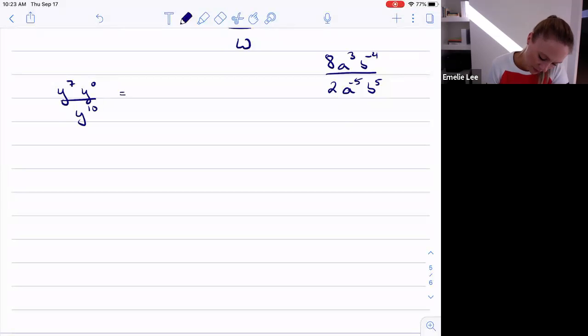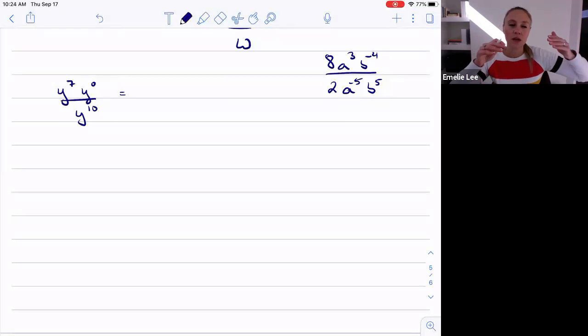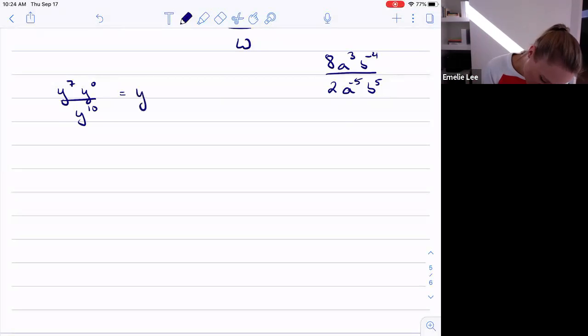So for this one, they're all the same base, so that's something I'm gonna check immediately. Then I'm gonna write these on the same level, and bring up the y to the 10 from the denominator to the numerator by making that power of 10 negative. So I can rewrite this as y to the 7 times y to the 0.